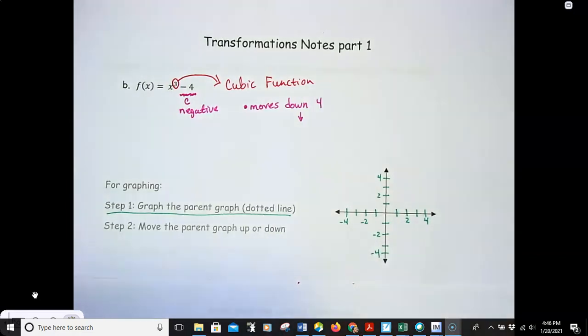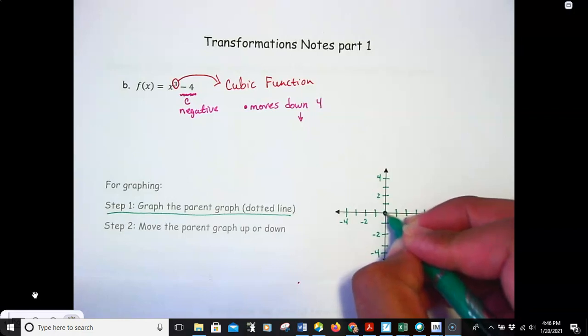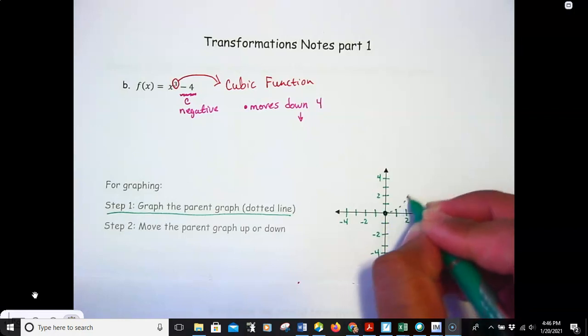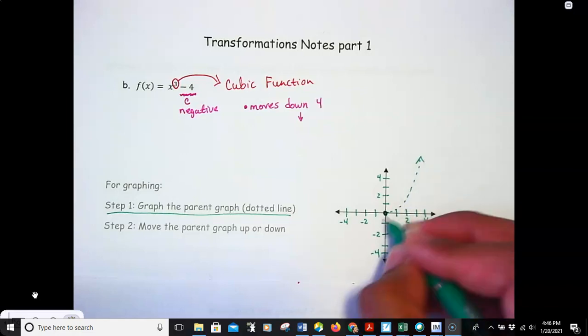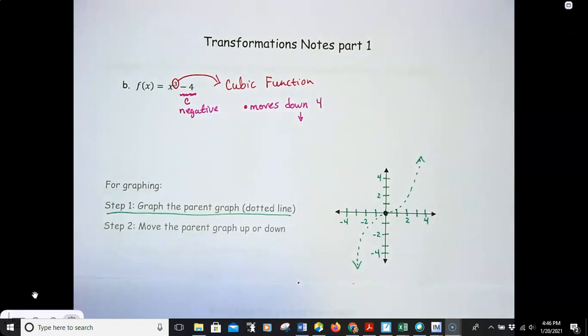All right, so we have that. We're going to do the cubic graph. All right, so that's our cubic graph there, almost like a snake or something.